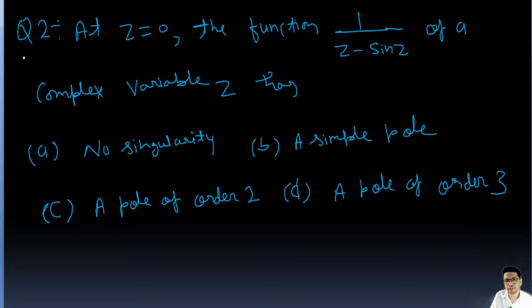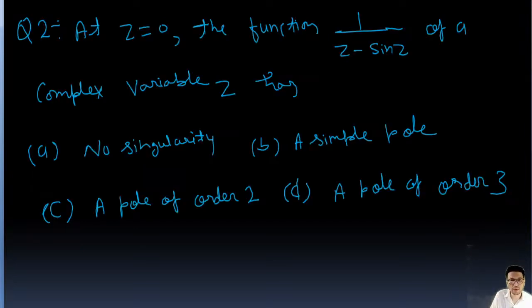Okay, 3.5 mark question. So at z equal to 0, the function we have been given is 1 upon z minus sin z of a complex variable z. Options are no singularity, a simple pole, a pole of order 2 and a pole of order 3. Okay, so this is the question. Simple question.